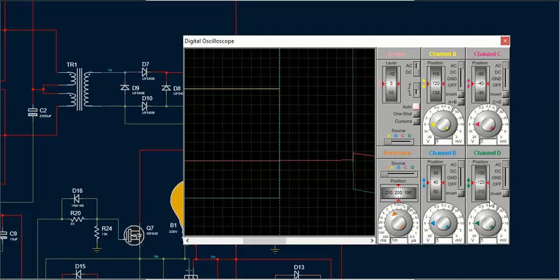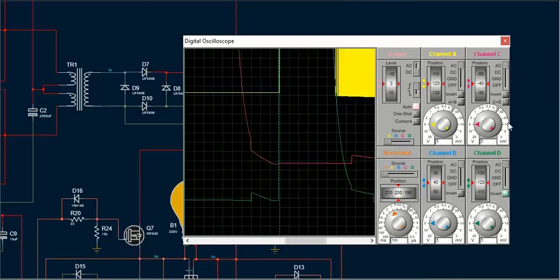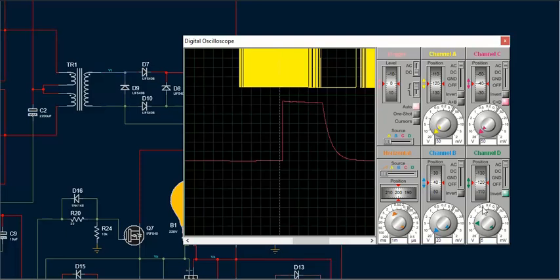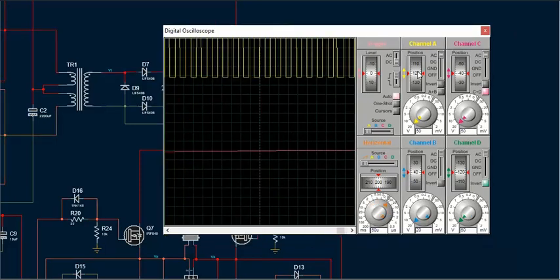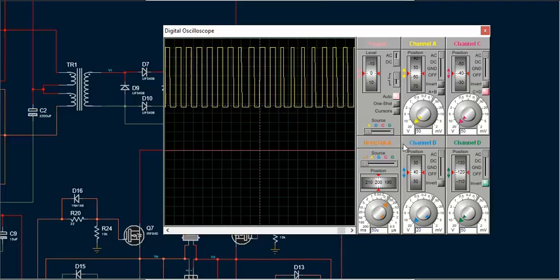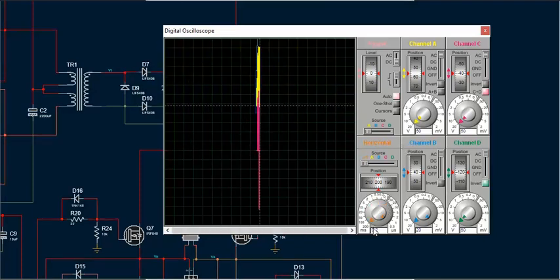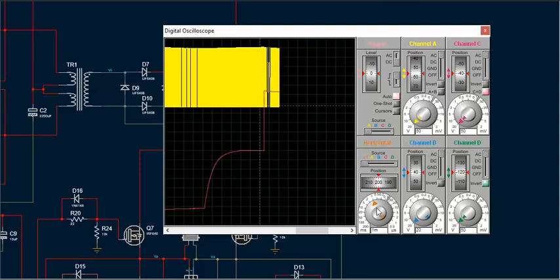Let me set the oscilloscope settings. The yellow waveform is the transformer output signal Vt, which is a high frequency square wave.